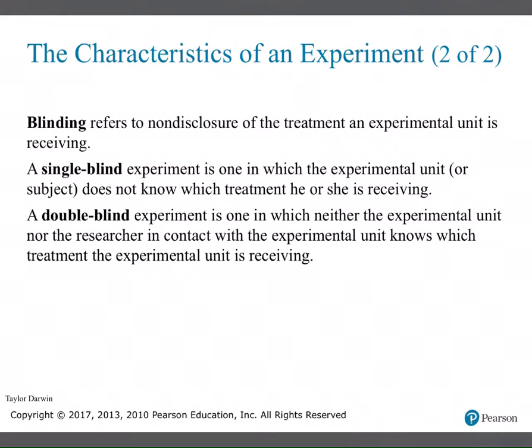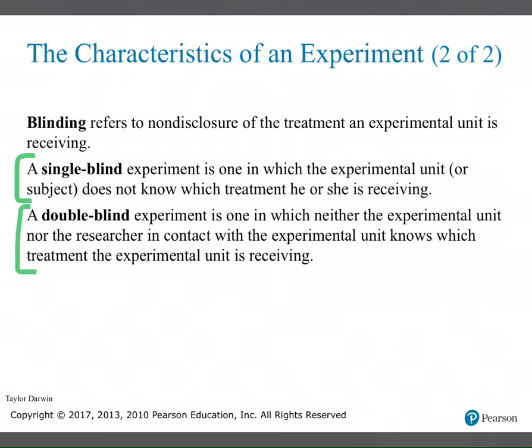There are a couple ways that you can go about designing an experiment, and blinding is one of them. It refers to non-disclosure of the treatment an experimental unit is receiving. There are two types. Single blind means that maybe you don't know if you're taking the actual medication or placebo, but I, as the researcher, would know.